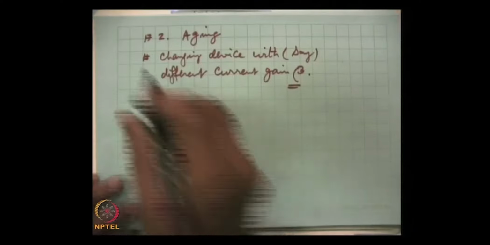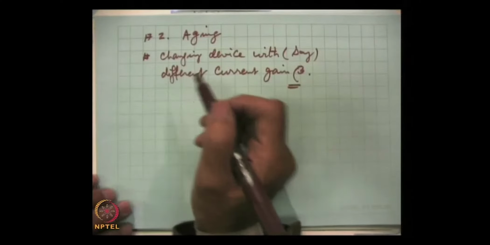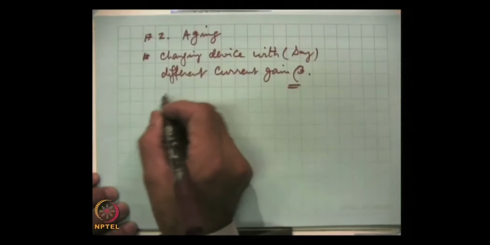Now, the Q point may shift, and I can show this shift like this.